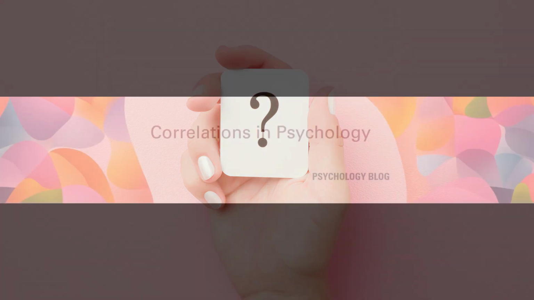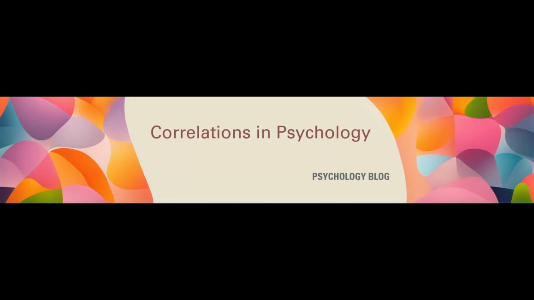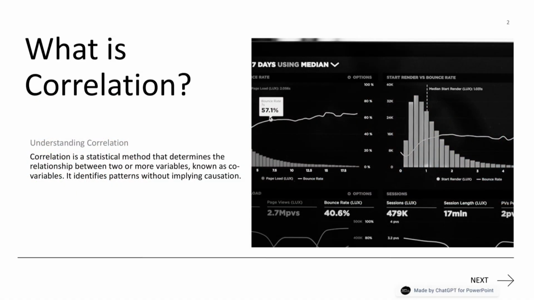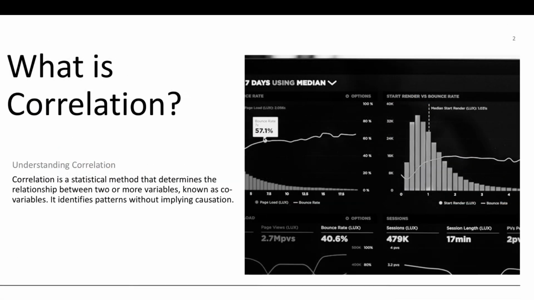Okay, so what are correlations? Well, correlations are a little bit confusing, I think, for students because they're not actually a research method. They're really a statistical procedure to identify relationships between variables. One of the main things to remember is we don't have an IV and a DV like we do in an experiment.